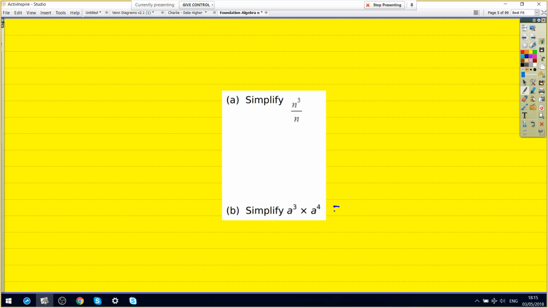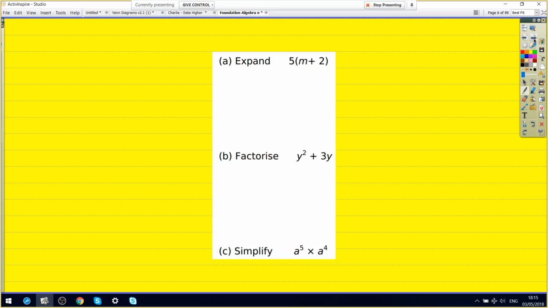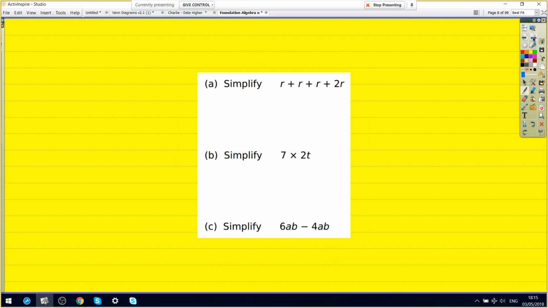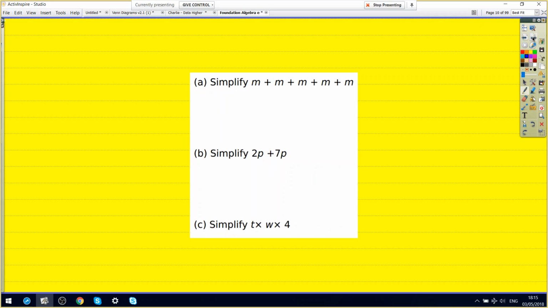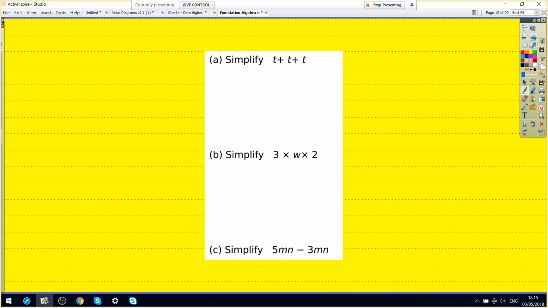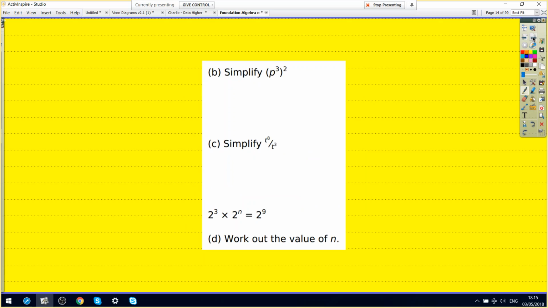So what would be this bottom one? a7. So that's a to the 7. What would this one be? I can't really see them. Is that t8 and t3?